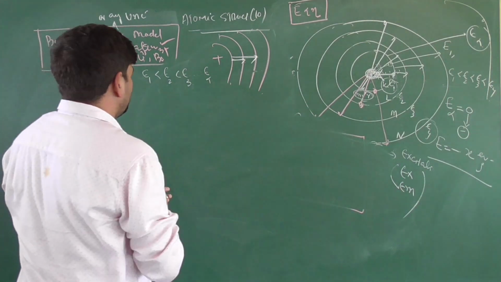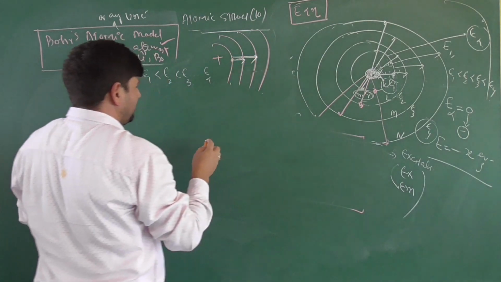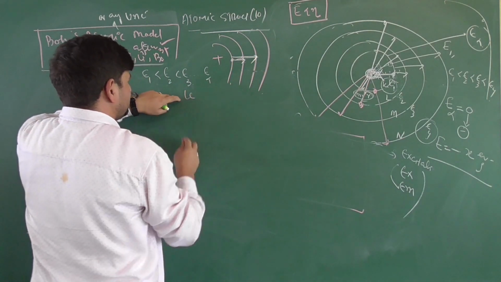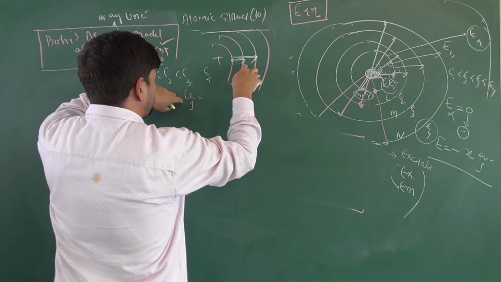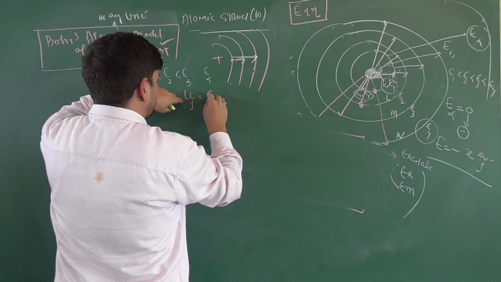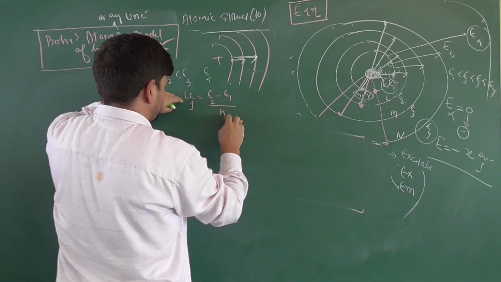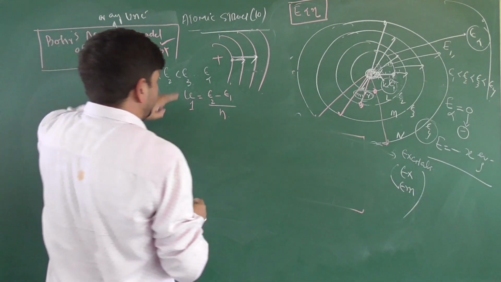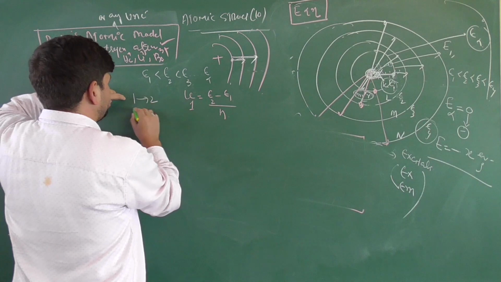Correct or not? So if I want to shift the electron from first to second, what will be the frequency required? I'll write that frequency 1 will be equal to E2 minus E1 by h. Correct or not?